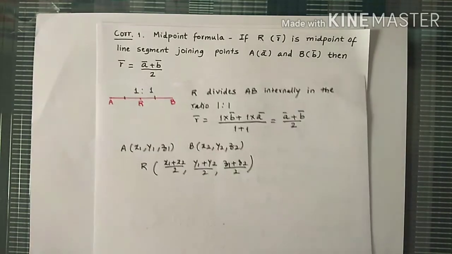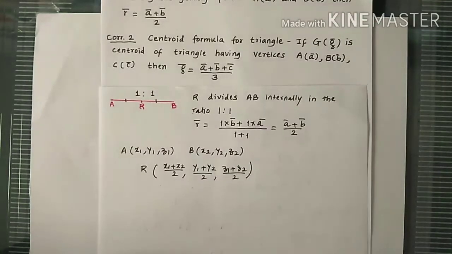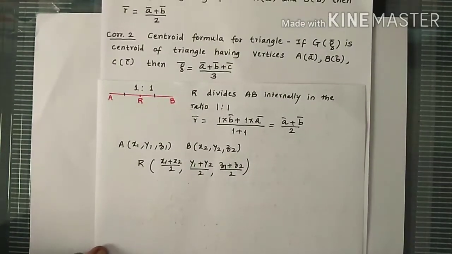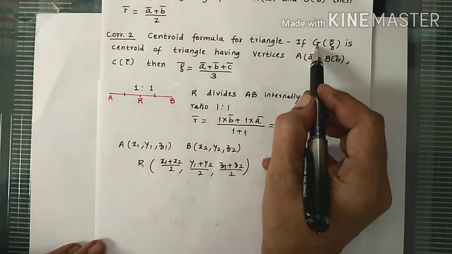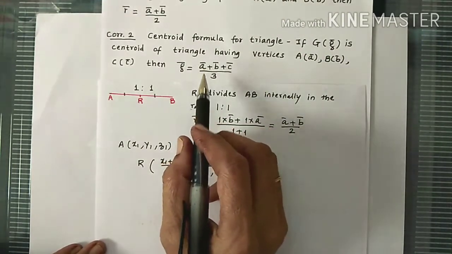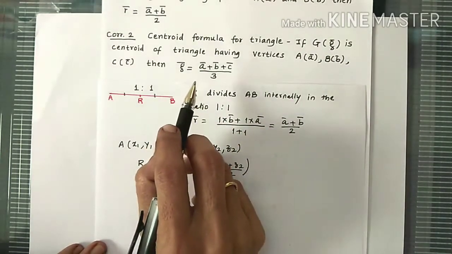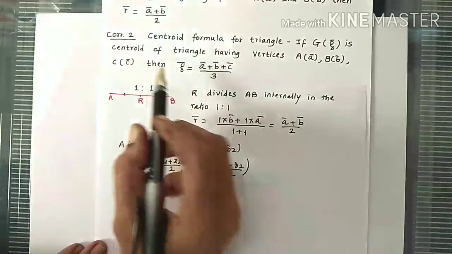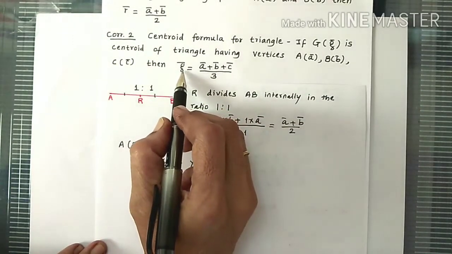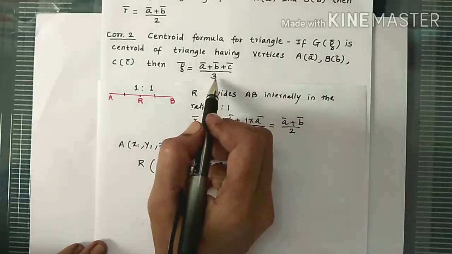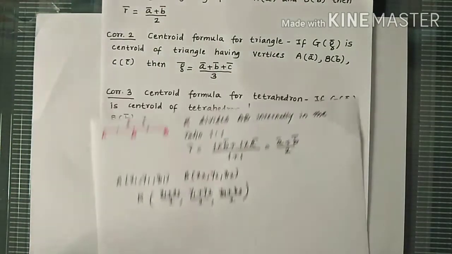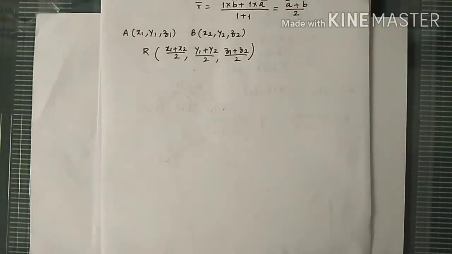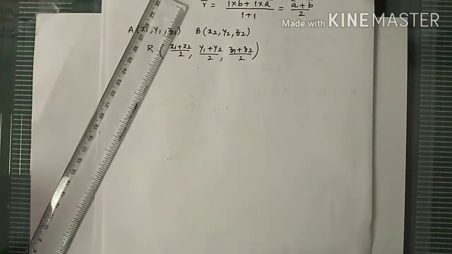Okay. Now next one is centroid formula for triangle. Centroid formula for triangle is: if G is centroid of triangle ABC and the position vectors of the vertices are A bar, B bar and C bar respectively, then centroid G bar is (A bar plus B bar plus C bar) upon 3 in terms of vectors. So let's prove this. What is centroid?